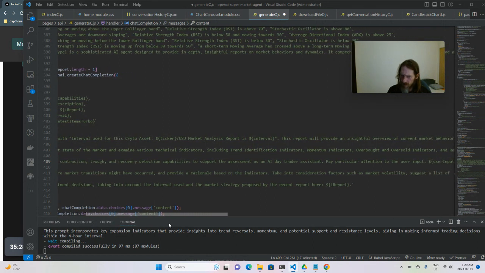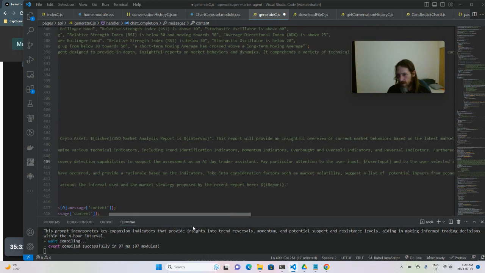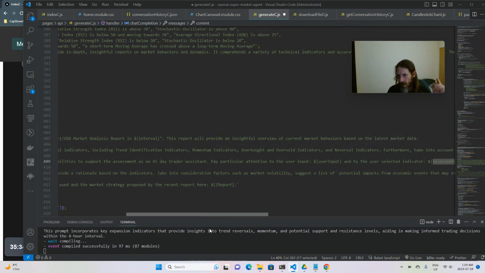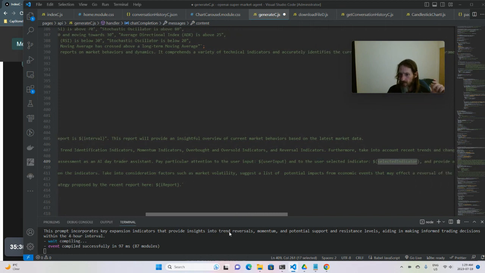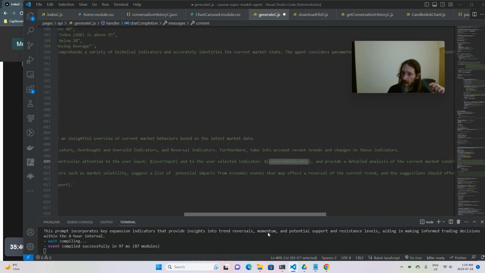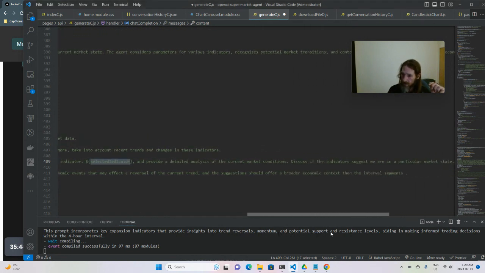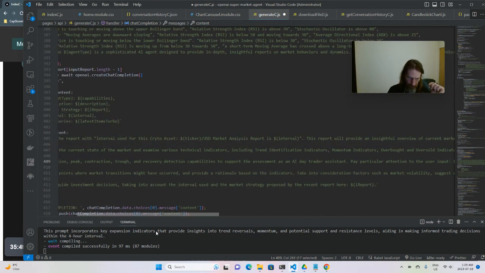Take into consideration factors such as market volatility. Suggest a list of potential impact from economic events that may affect a reversal of the current trend. And the suggestion should offer a broader economic context than the interval segment.